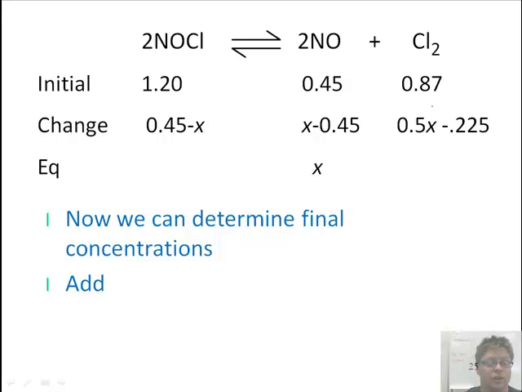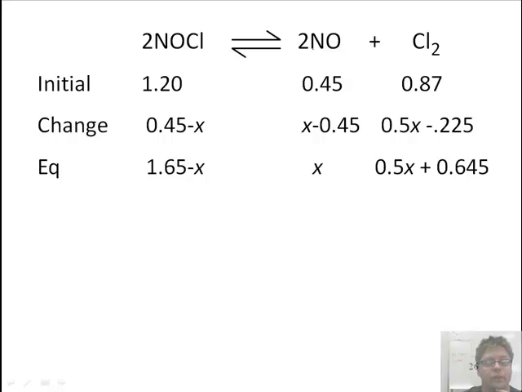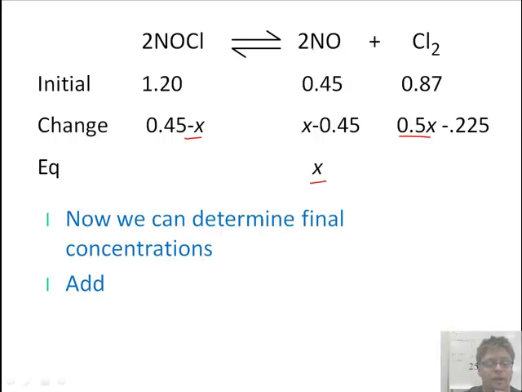So now we can determine the final concentration. So we got 0.45 minus x, because it's plus x on this side. So we got our minus x, we got our plus x, and we got our 0.5x based on the ratios. So then we can determine the final concentration. So we do the initial minus the change.